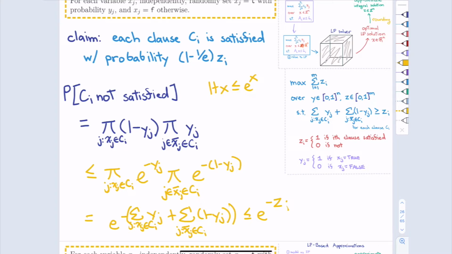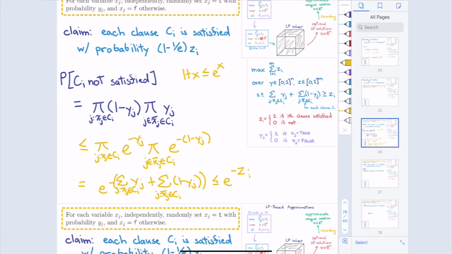Less than or equal to e to the negative zi. Oh, this came out a little different than I had expected. Oh no, it's okay. We're only one trick away.